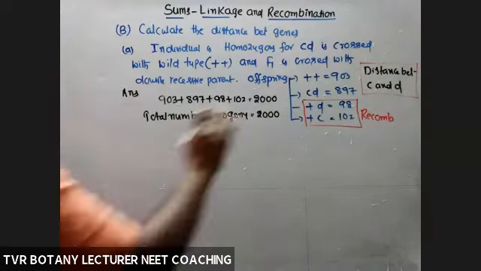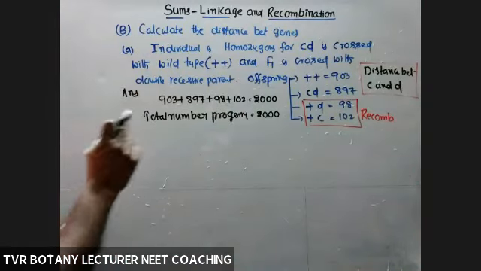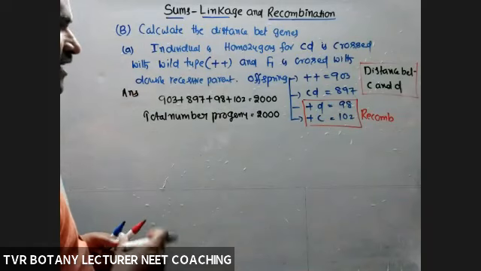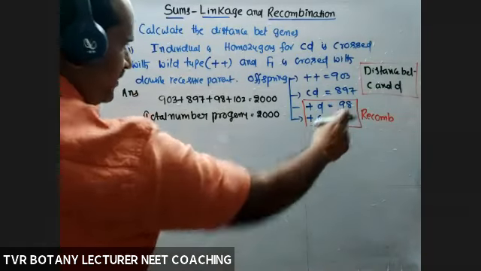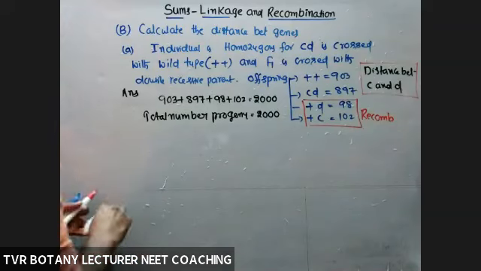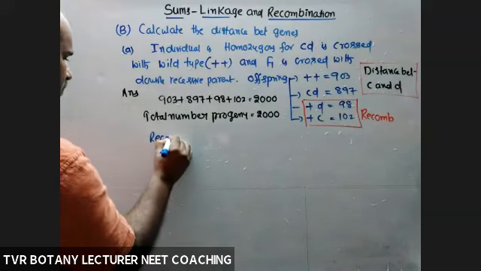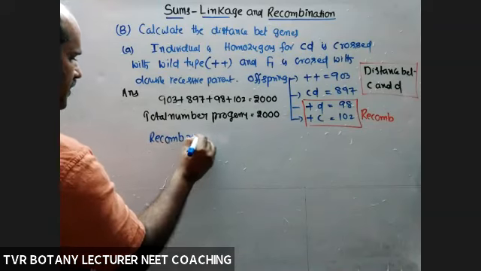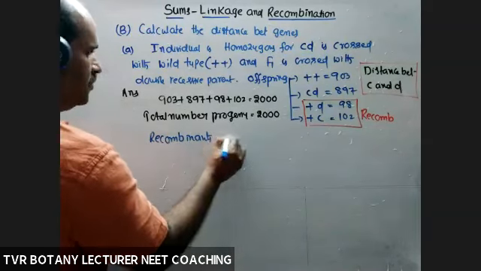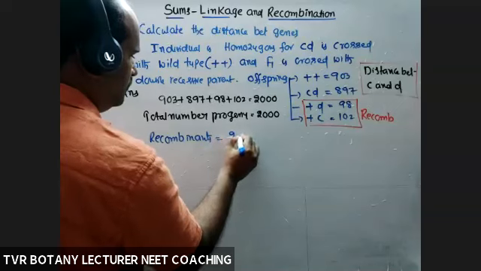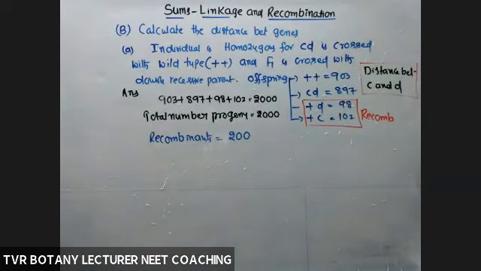Okay. So now, how to calculate the distance? Simply take the total number of recombinants. How many recombinants? Recombinants total is 200.